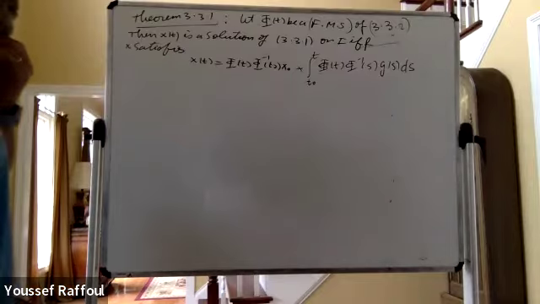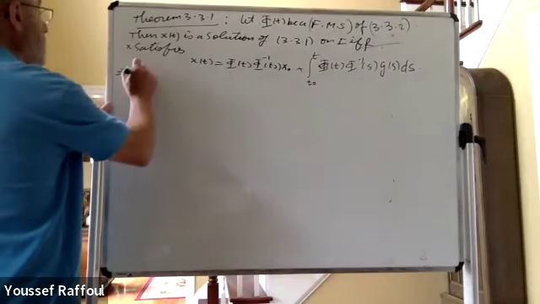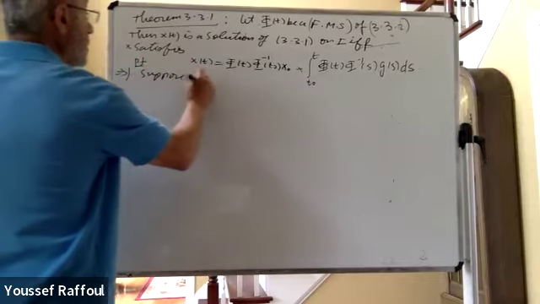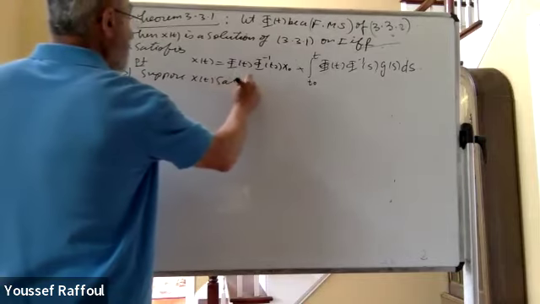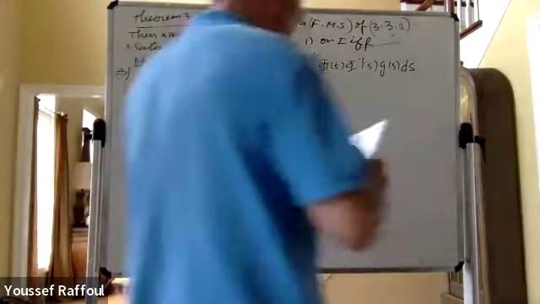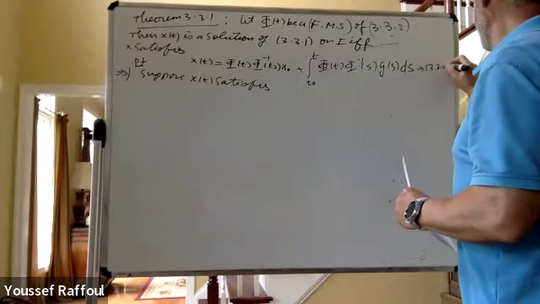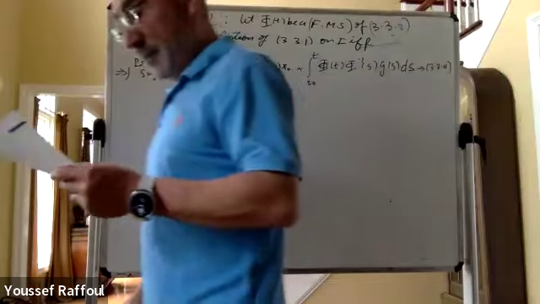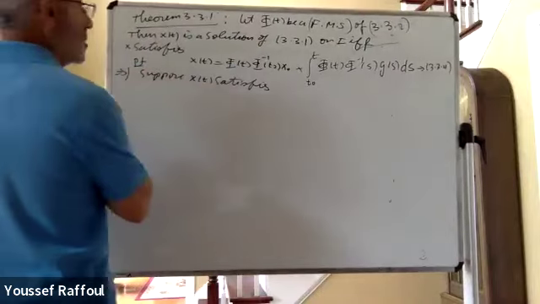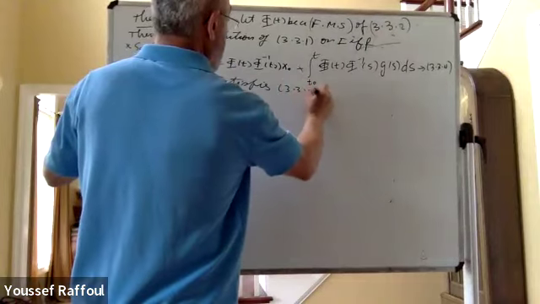Any questions? Well, this is if and only if. So the proof. Suppose x of t satisfies 3.3.4.